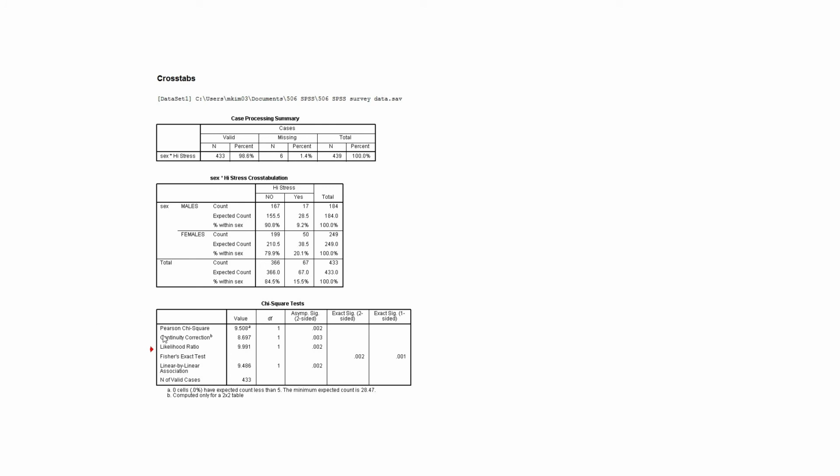Now, let's look into the row of Pearson chi-square. Actually, this row is the only part you need in this table. The other parts below this chi-square row, you don't really use. Anyway, this is the chi-square value. This value shows how much the expected counts and the observed counts are different from each other.